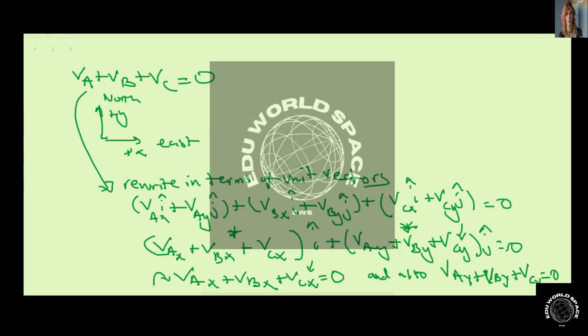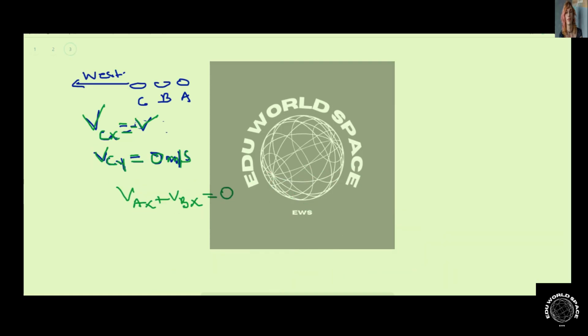And they told us that the two, Vay and Vby, those two are going to equal 0. So first of all, if you see that Vcx is negative v, we have to change this.